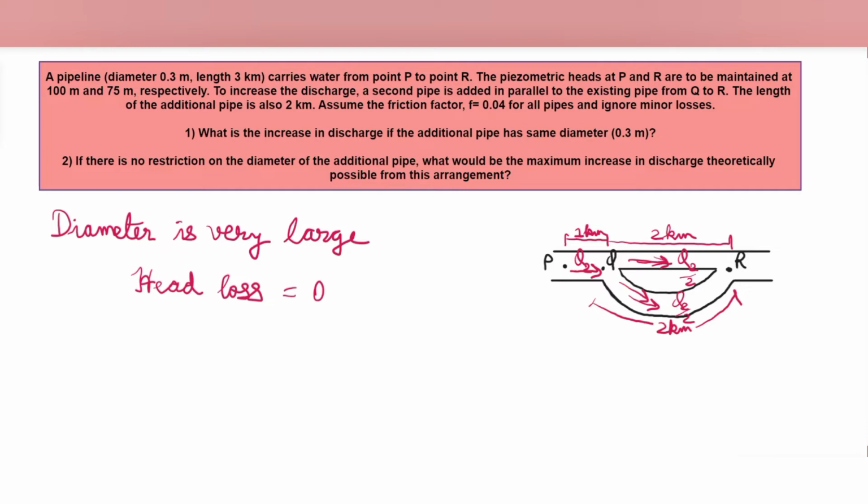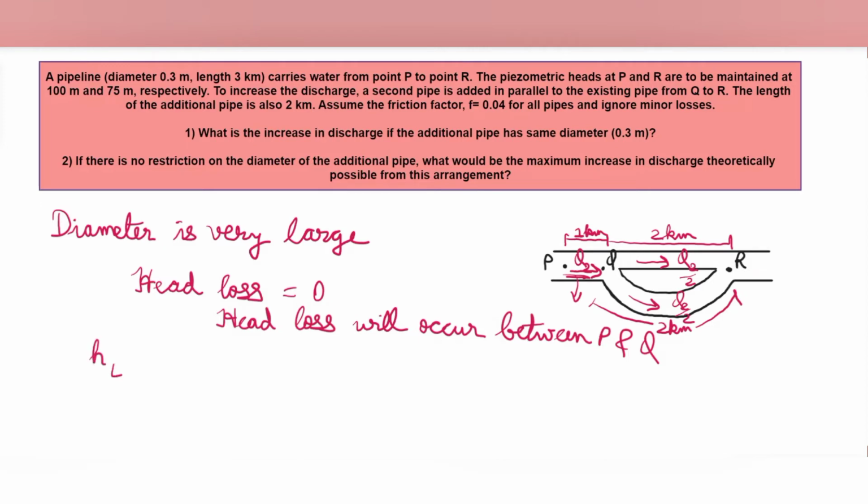Now if our D becomes infinite, then obviously 1 upon infinity will be 0. That's why our head loss will become 0. This means that in the pipe QR there will not be any head loss. That is why we'll be considering the head loss only for the pipe PQ. So I'm just writing here that head loss will occur between P and Q.